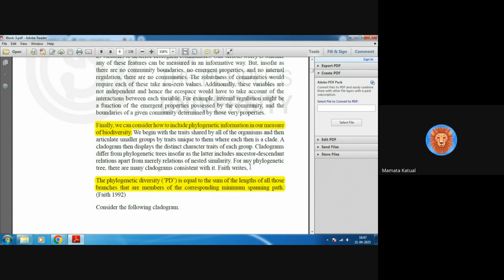If they are placed distantly, then the relationship is distant.